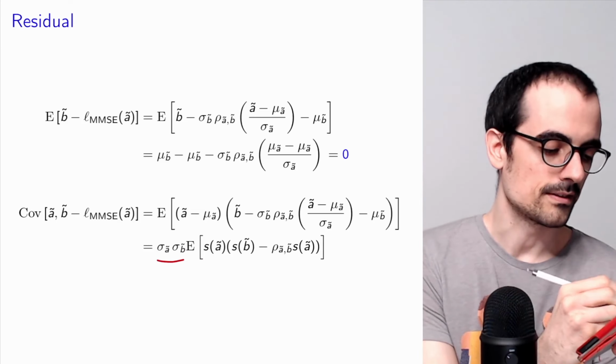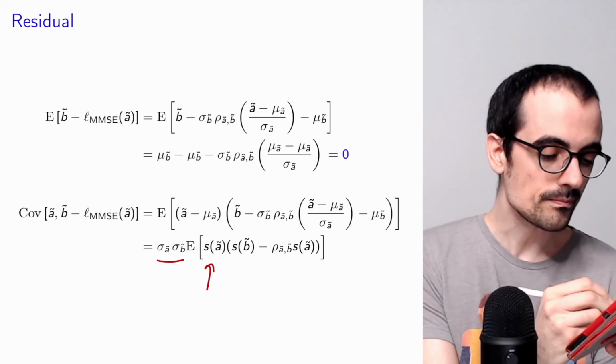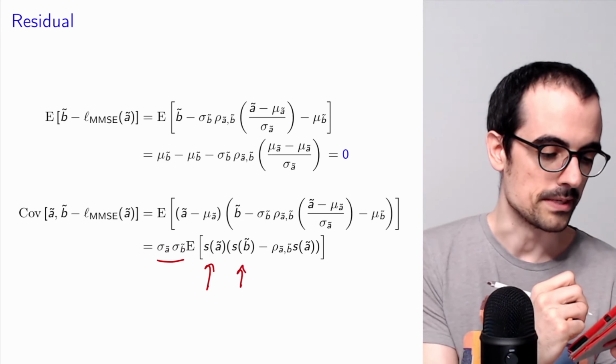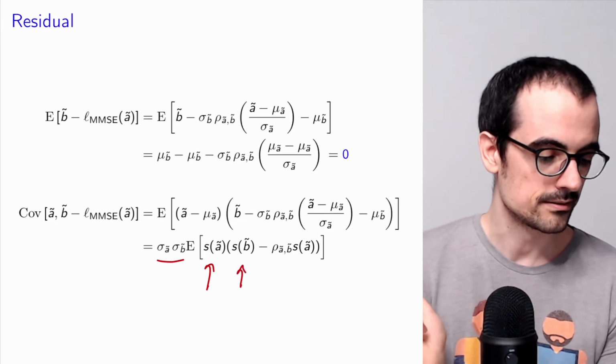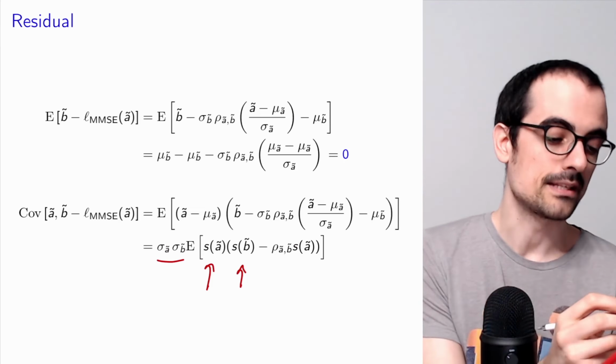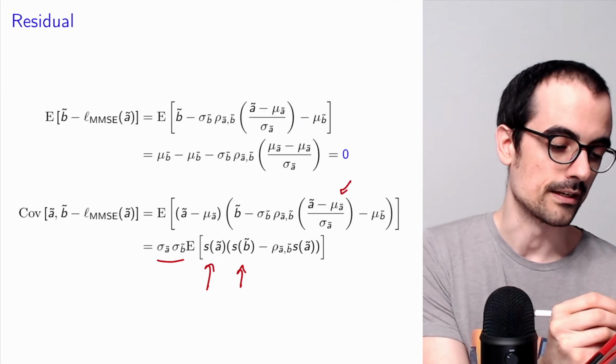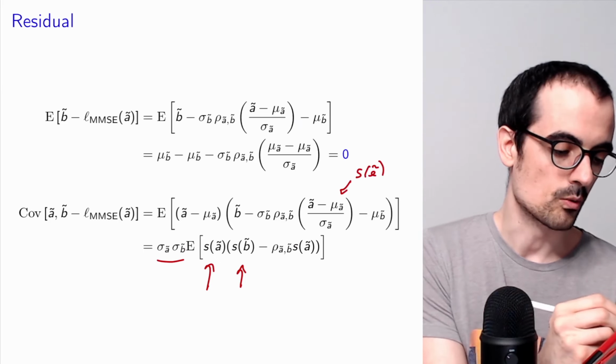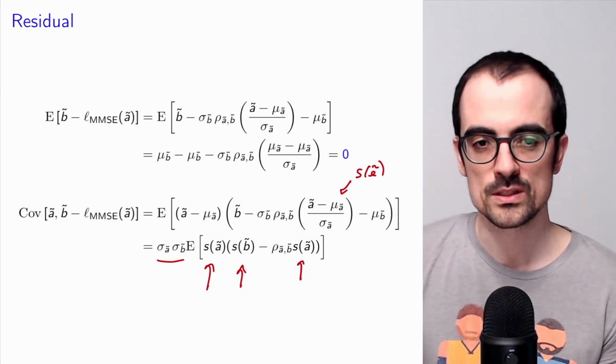Then we have the standardized version of A and the standardized version of B. Okay, so hopefully that makes sense. And here, by the way, this is just S of A. Okay, if you were wondering where this S of A comes from.